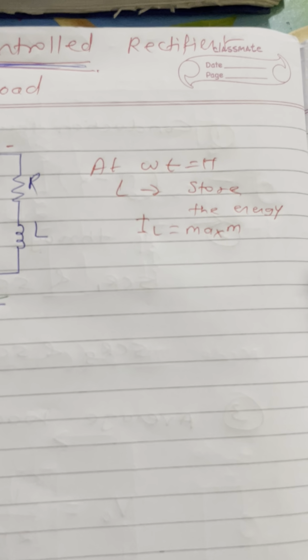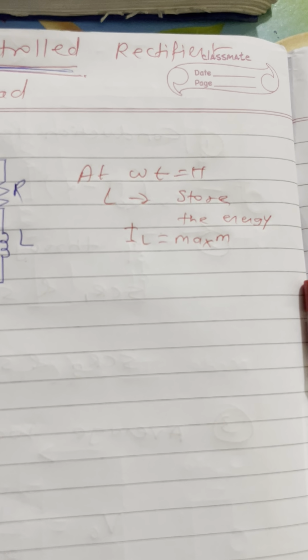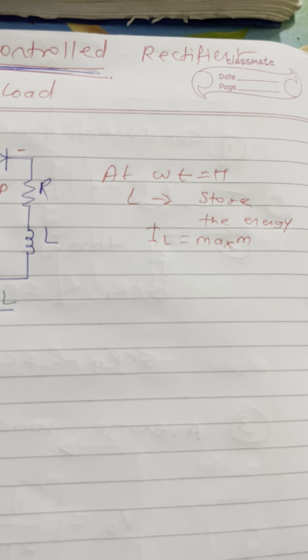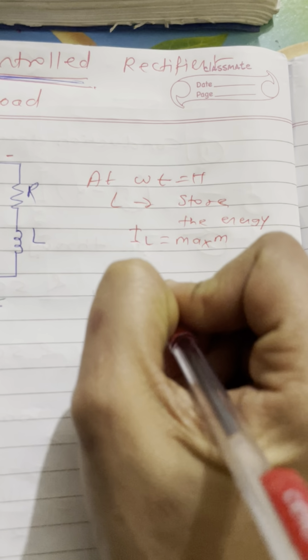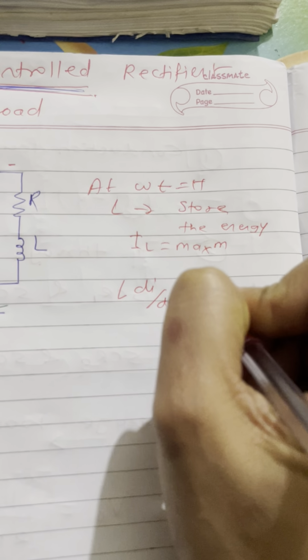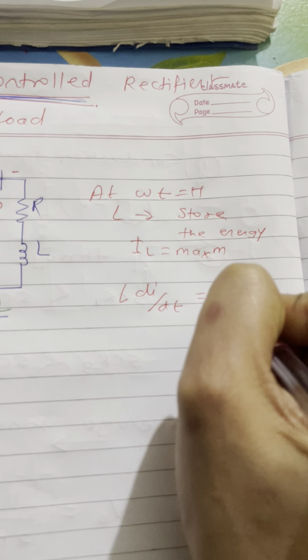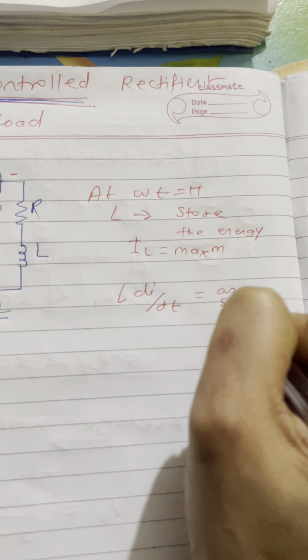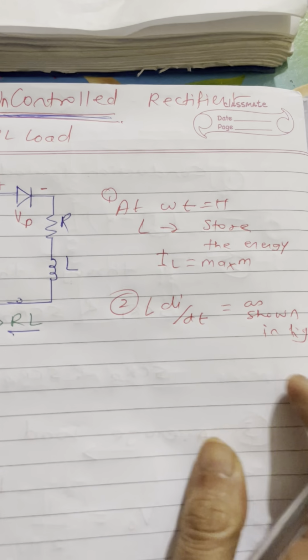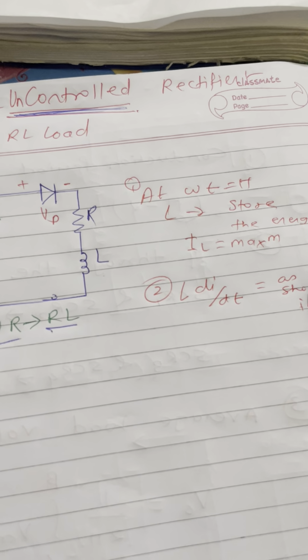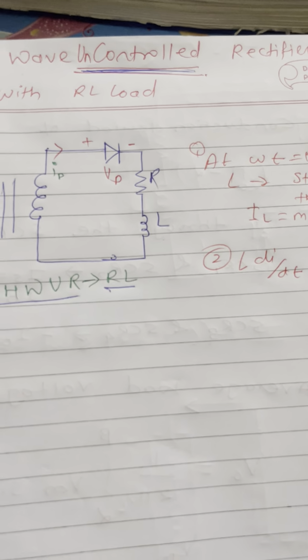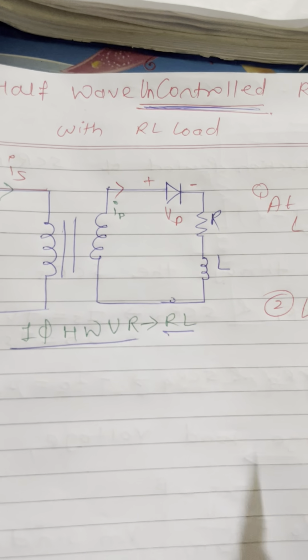reverses, and the load inductance develops a voltage, that is L di by dt, as shown in the figure. This is the first point and this is the second point. Then, what is the net voltage across the diode?